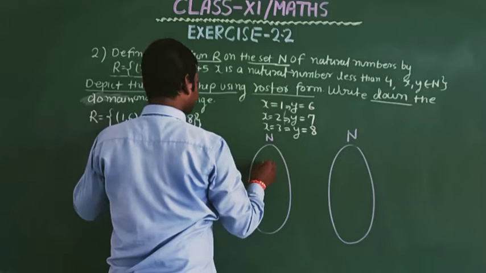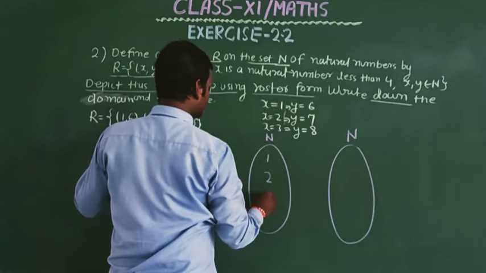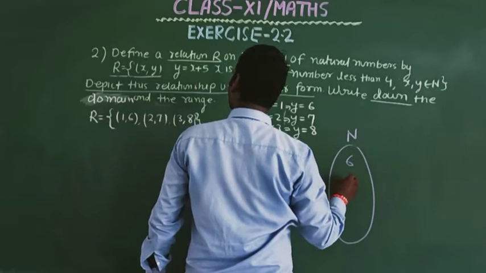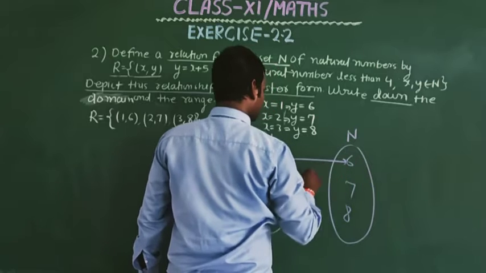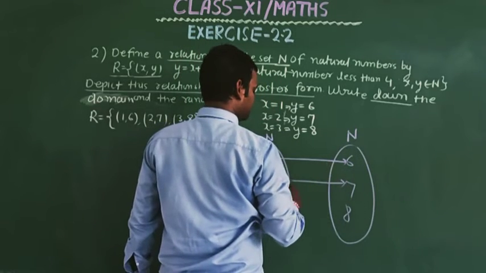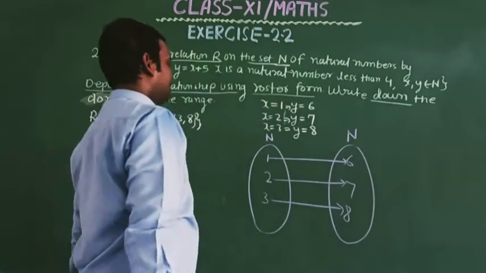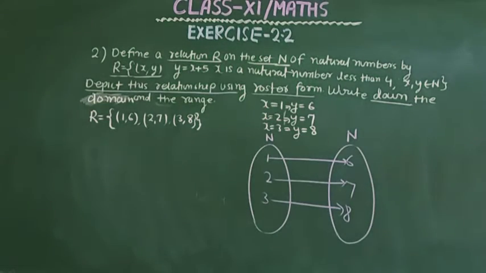Here 1, 2, 3, and this is 6, 7, 8. So 1 maps to 6, 2 to 7, and 3 to 8.